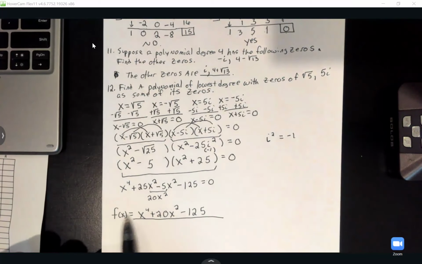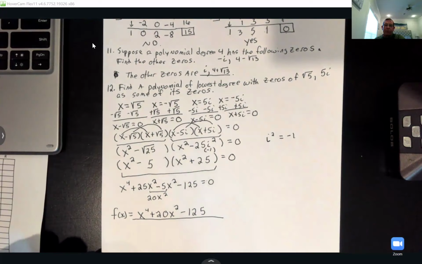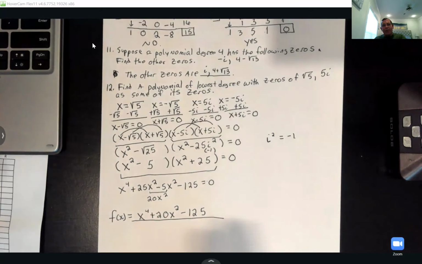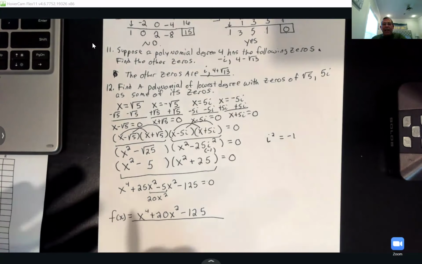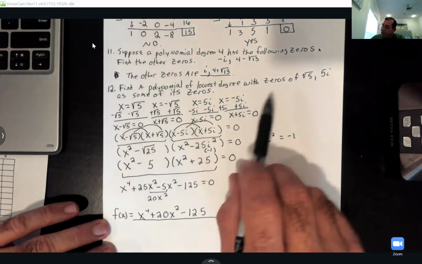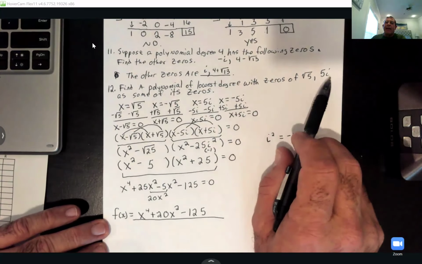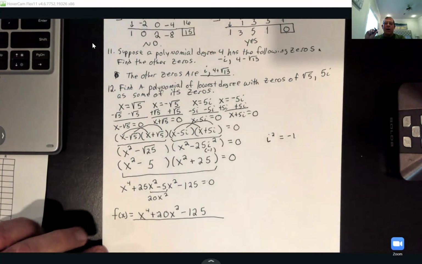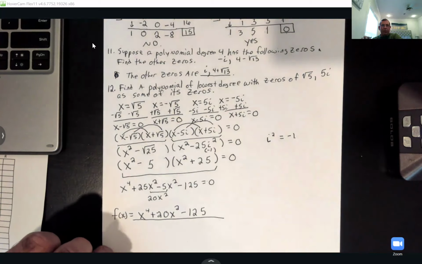So when we write it as the function, we don't have to put the 0 stuff, okay? All right, y'all. That's a lot of foiling there, but that's one of the only ones where we had to do all the foiling. Just remember, if a square root of 5 and a 5i are zeros, then their conjugate pairs also must be zeros, okay?